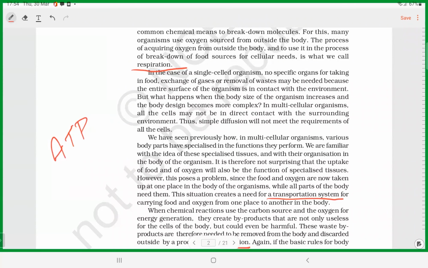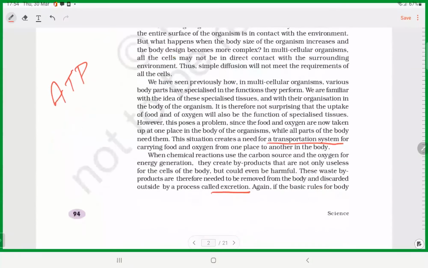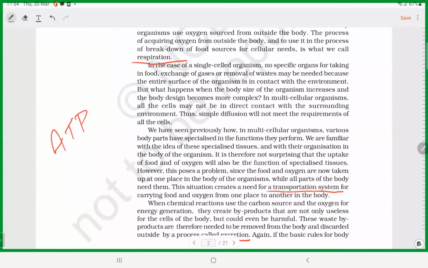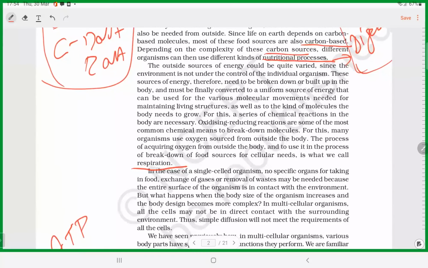Breakdown of glucose occurs only in the presence of what? Oxygen.